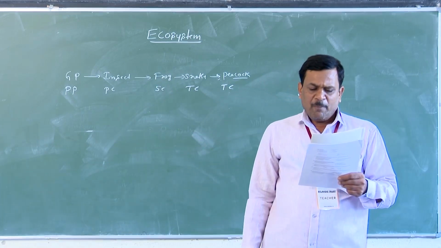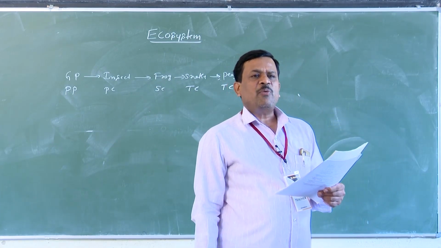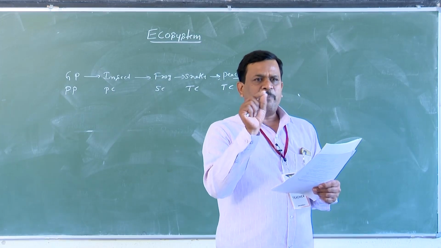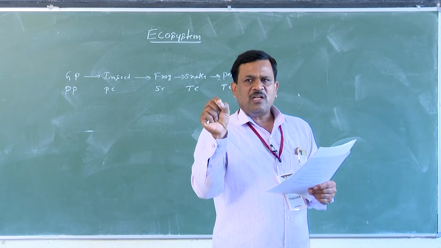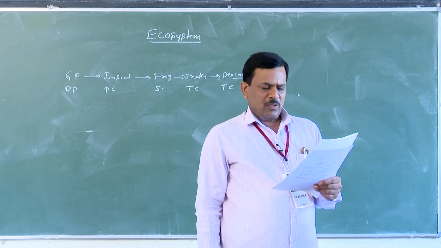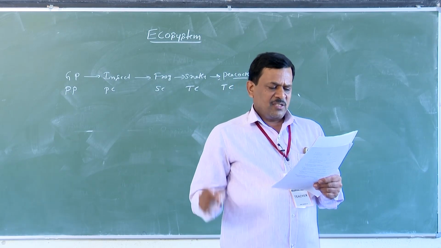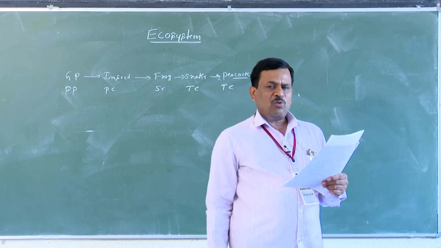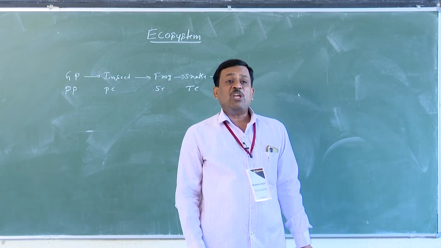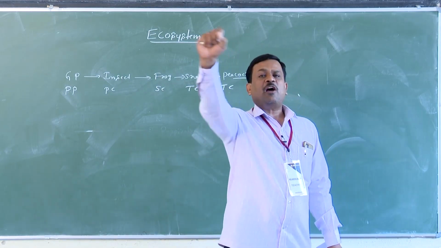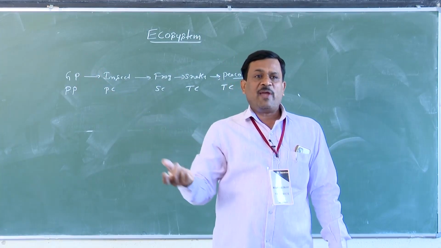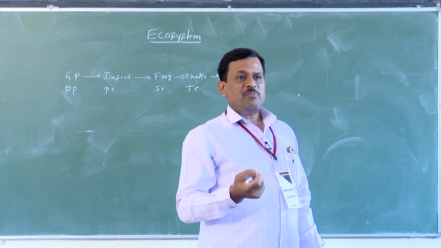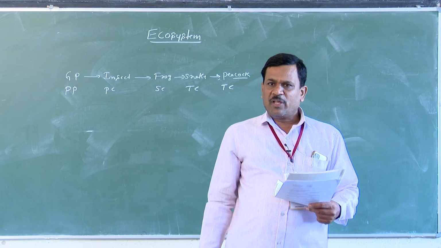Per unit area at a given time is called standing crop, and it is also measured in the form of dry weight. Very important question. Standing crop is measured in the form of dry weight, or wet weight, or grams? Dry weight. Okay, dry weight.